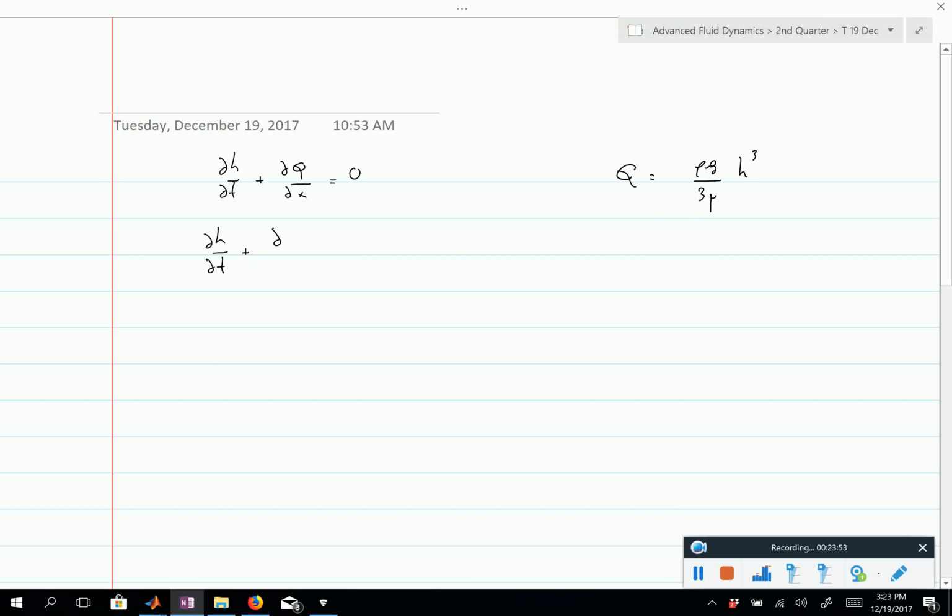Okay, so partial q, partial x, so then this will be equal to rho g divided by 3 mu times, so I have a 3, so I'm gonna get rid of this 3, h squared partial h over partial x equals 0.